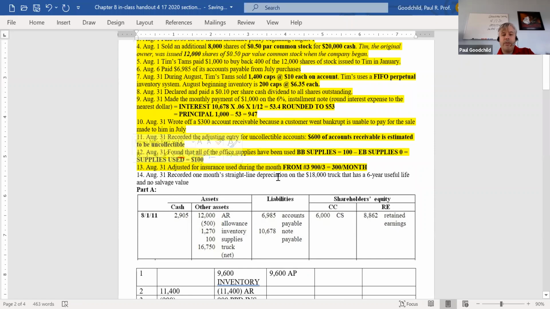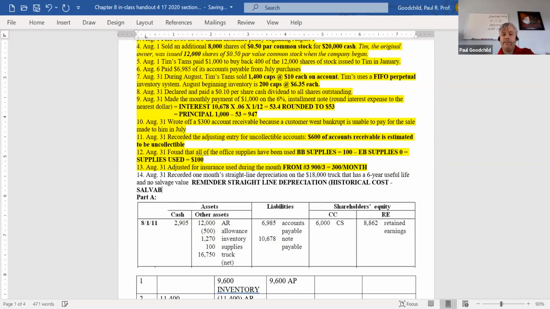Recorded 1 month straight line depreciation on the $18,000 truck that has a 6-year useful life and no salvage value. So we're using straight line. I'll go ahead and put a reminder in. Straight line depreciation is your historical cost minus your salvage value divided by your useful life.